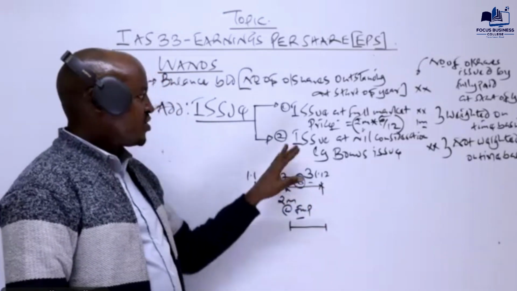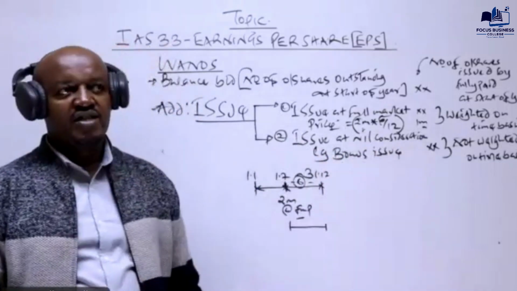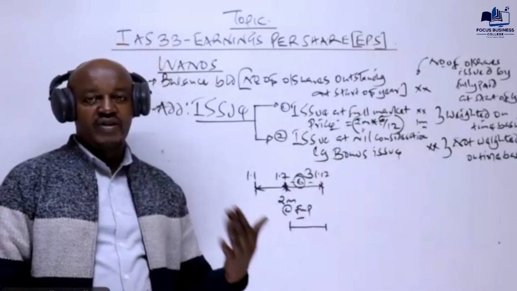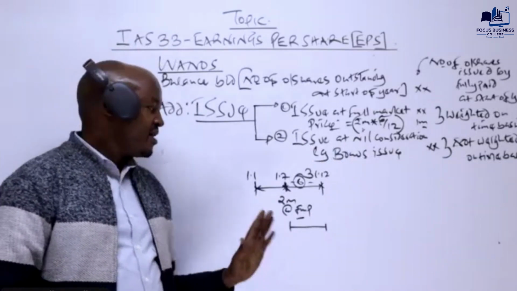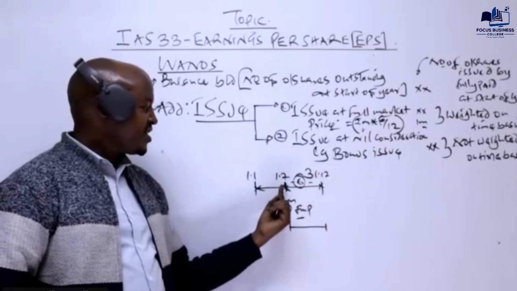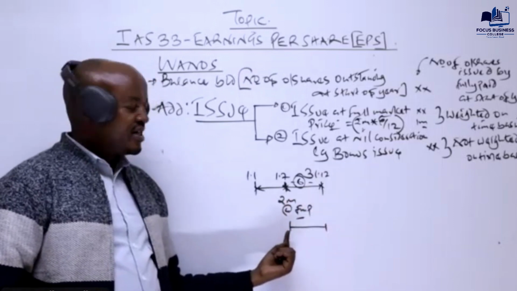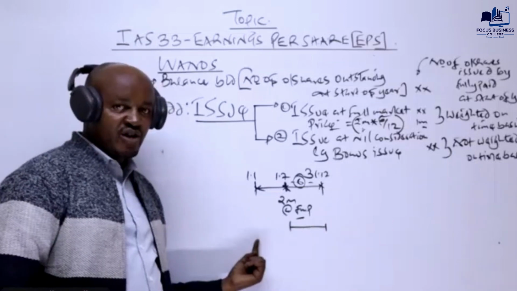But now, those shares which were issued at nil consideration, e.g. bonus shares, in most cases these are shares issued to the existing shareholders. So these shareholders have been shareholders of the company throughout the year. Therefore, even if the shares were issued to them at this date, they will not be entitled to share the profit for just 6 months, because they have been shareholders of the company.